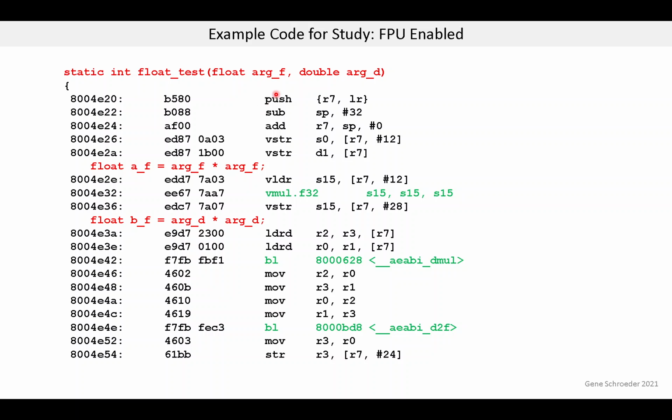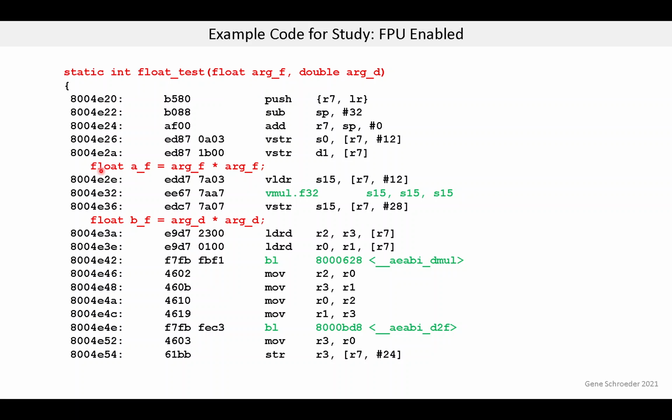So this is some getting started with the function. I will ignore that. And let's look at the first real line of code. And that is multiplying argf by itself and storing it in a_f, that variable. And argf is an argument of the function, and it's a float.